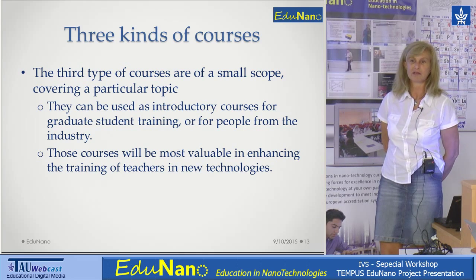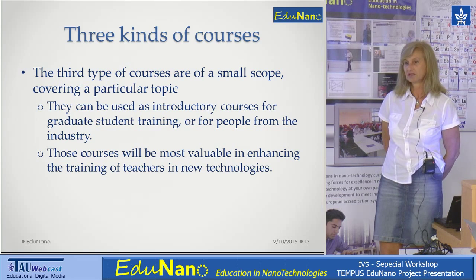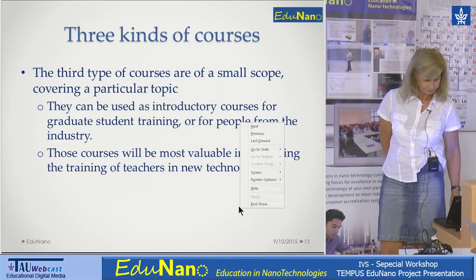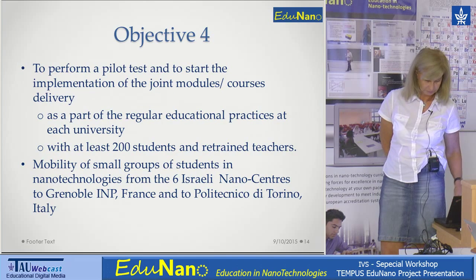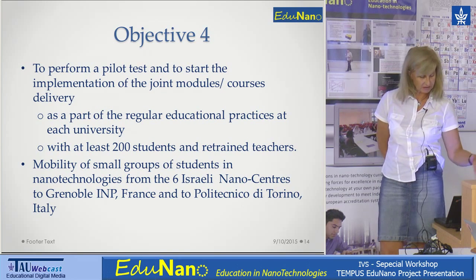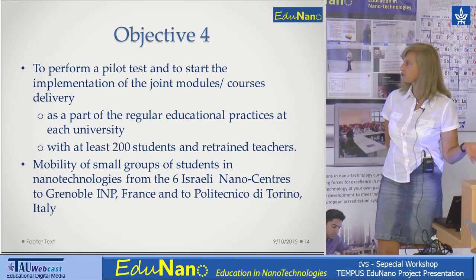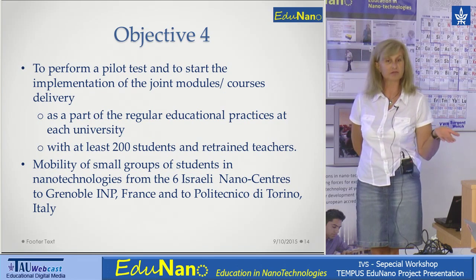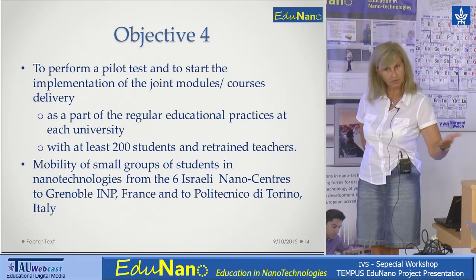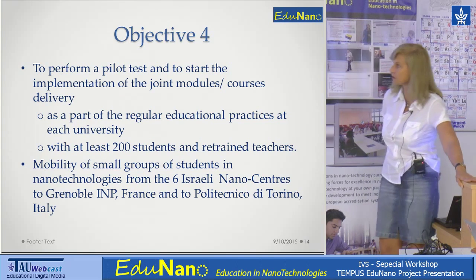They are an important part, not only of science, but of our life. So even high school students should be involved in this. To perform the tests, our objectives are really very ambitious: to involve at least 200 students and retrain teachers from high school to deliver these courses even in high schools.